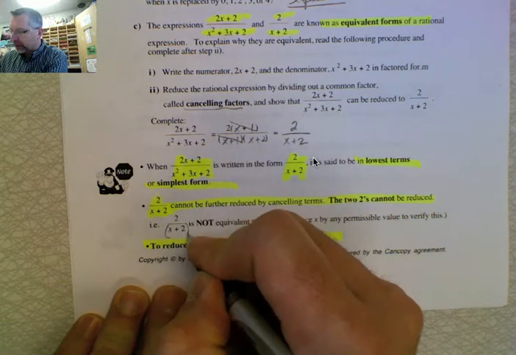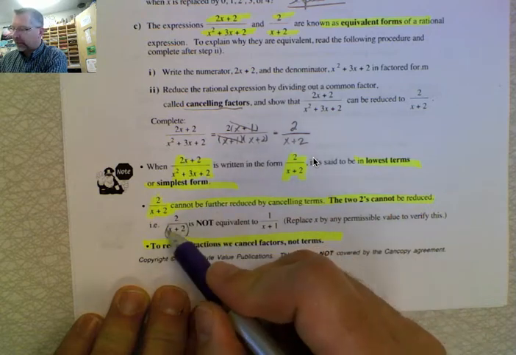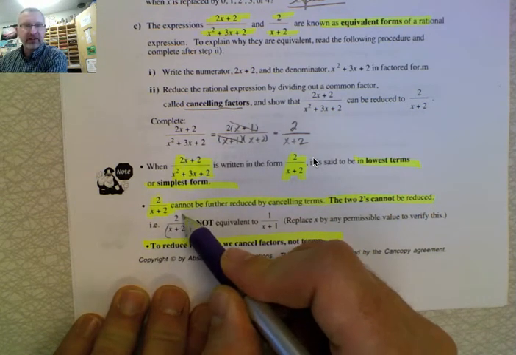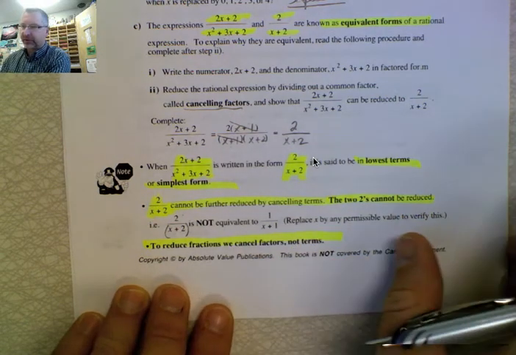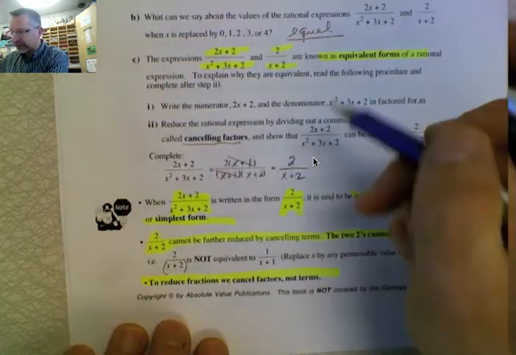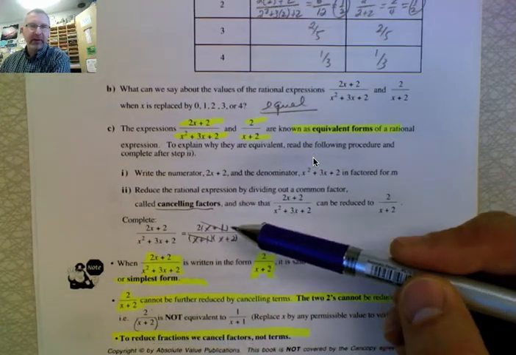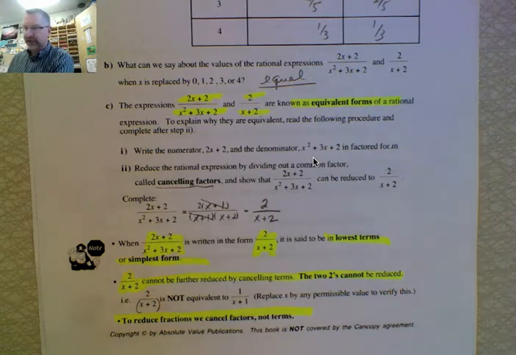Another way of looking at it is this x plus 2 in the denominator is a binomial. If I'm going to cancel this, I have to be able to cancel the entire binomial with something in the numerator, and because I cannot do this, I cannot reduce that particular situation. So we're going to spend lots of time at the beginning of this unit talking about how to simplify, how to cancel, all of that sort of stuff.